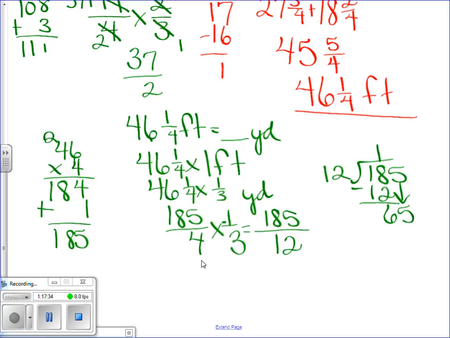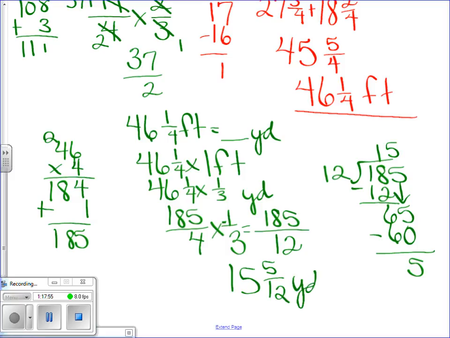How many times can 12 go into 65? 4, because 5 times 12 makes it go to 60. 65 minus 60. Sorry, Jeremy. So it is 15 and 5/12 yards. Yes, sir.